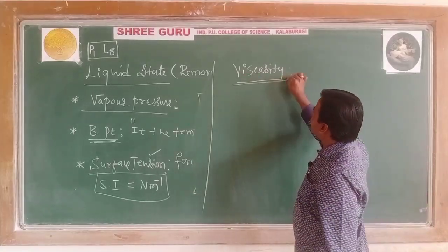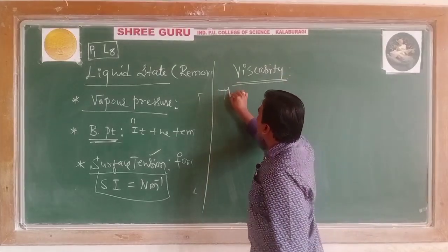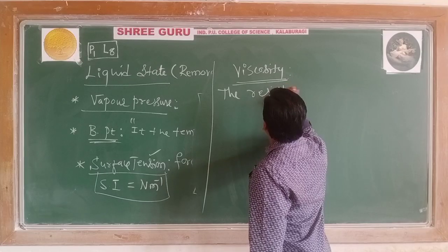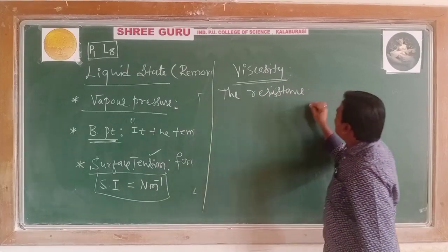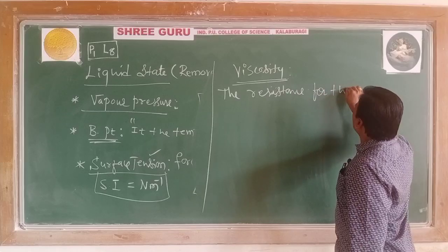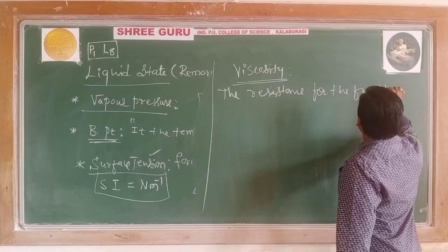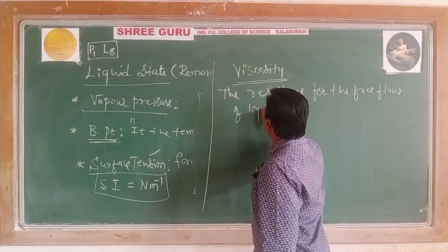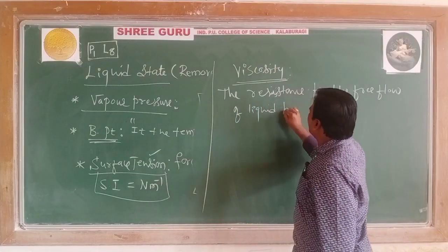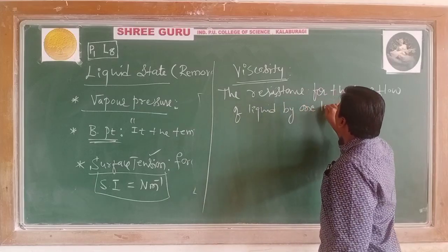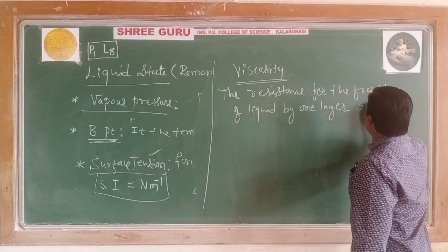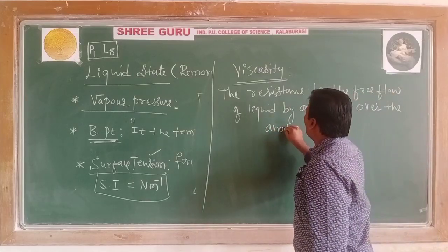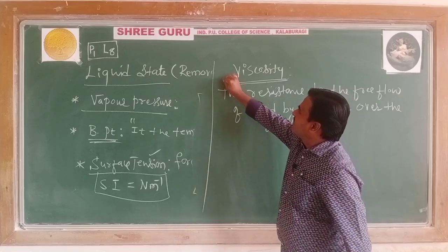What is this as per the definition? The resistance for the free flow of a liquid by one layer over another.